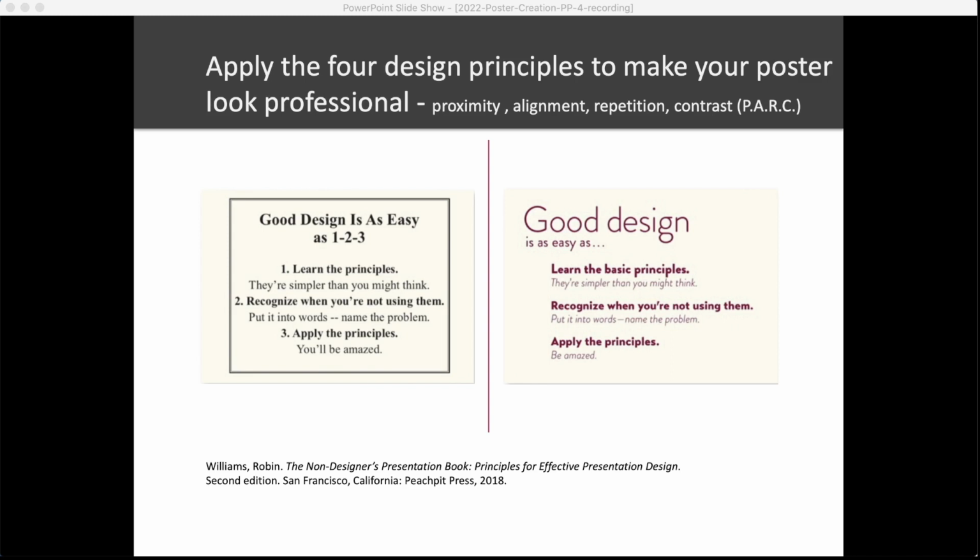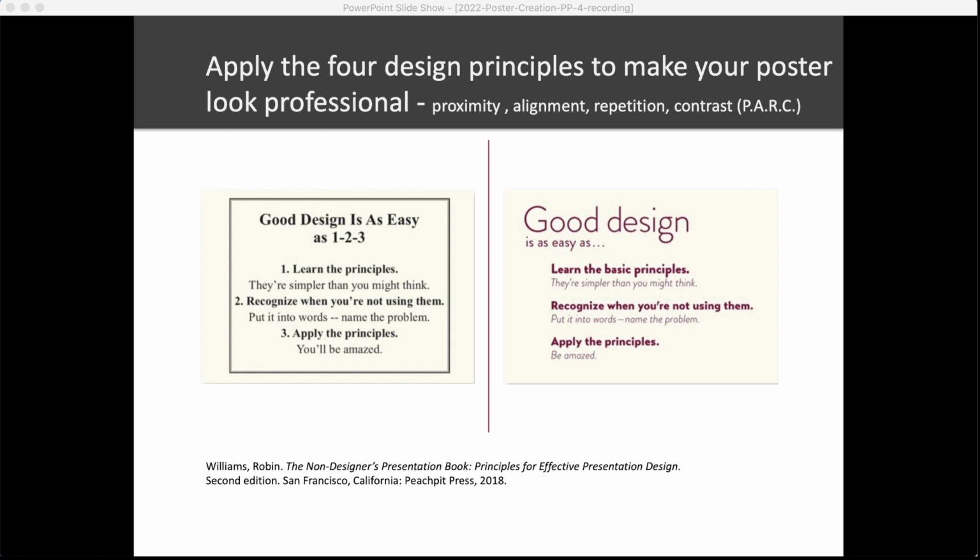Let's do a quick recap on the 4 principles. Proximity and alignment help organize the document. Alignment and repetition help create unity of the document. Repetition and contrast add visual interest to the document.